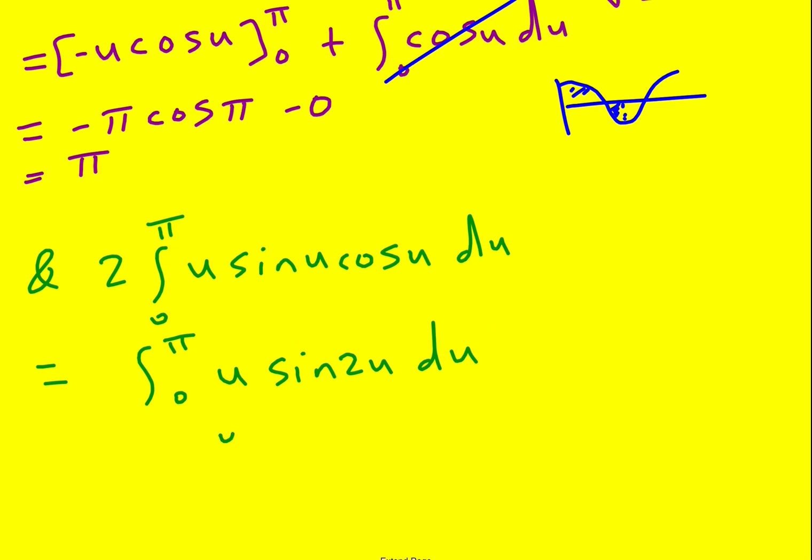Now, again, I'm going to do integration by parts. That one is my u, that's my v dash. So u prime is 1, and v is going to be minus a half cos 2u.